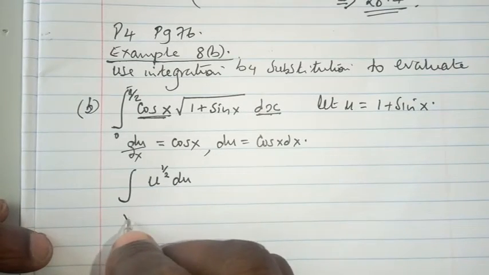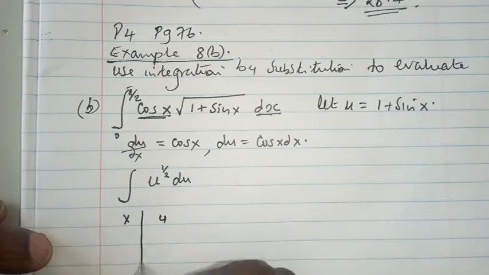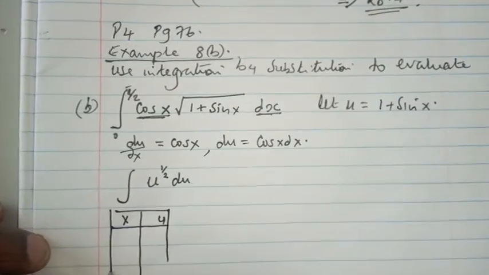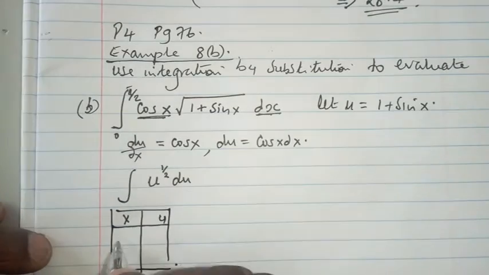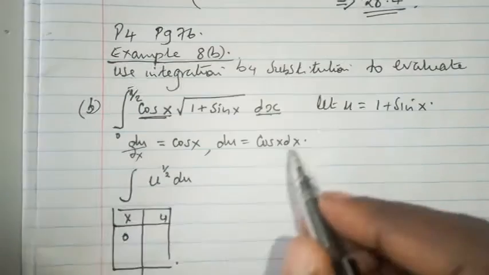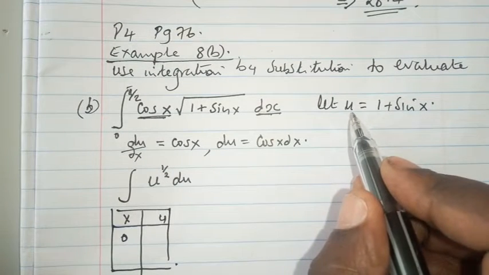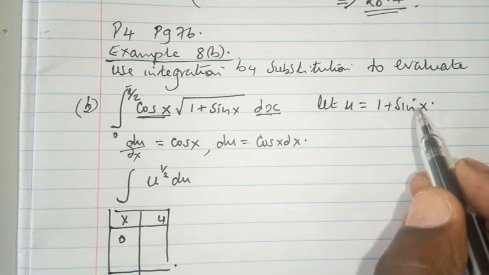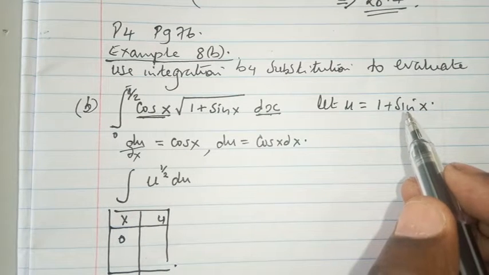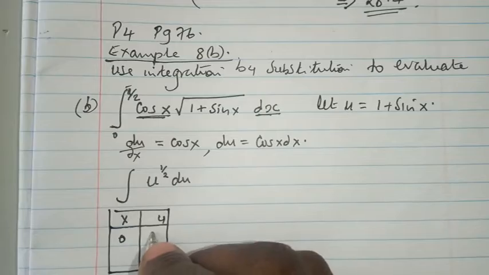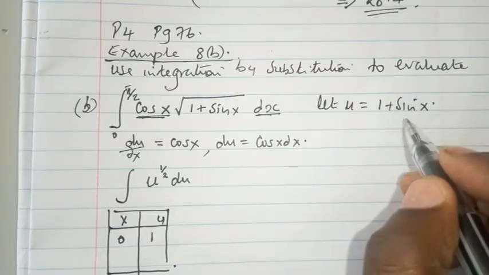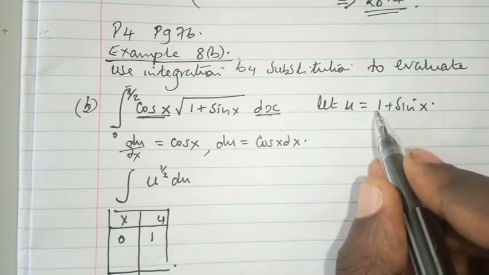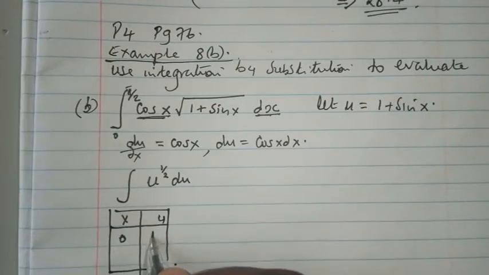Initially x was equal to 0, but what is u? u is 1 plus sine 0, and sine 0 is 0, 0 plus 1, we get 1.